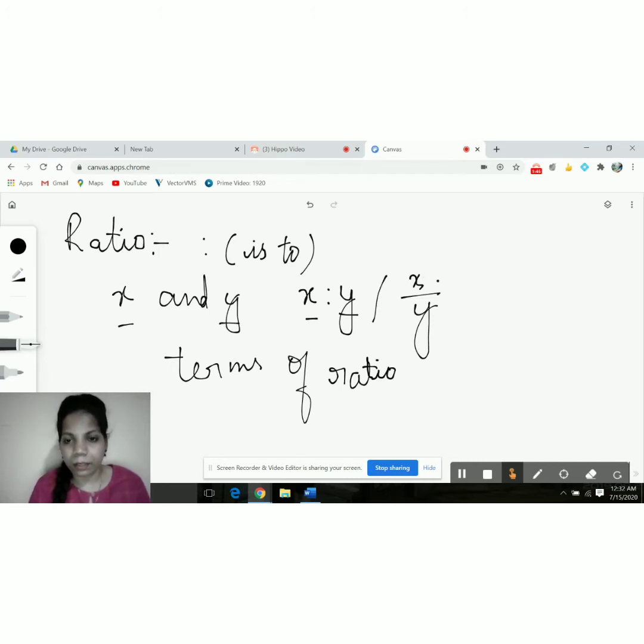The numerator in the fraction or the first term in the ratio is called antecedent. And the denominator in the fraction or second term in the ratio is called consequent.